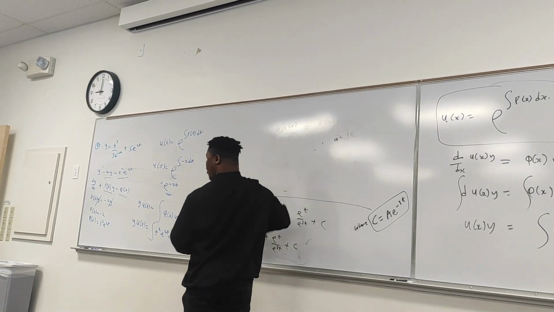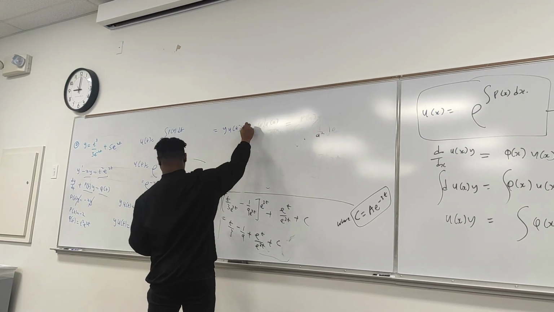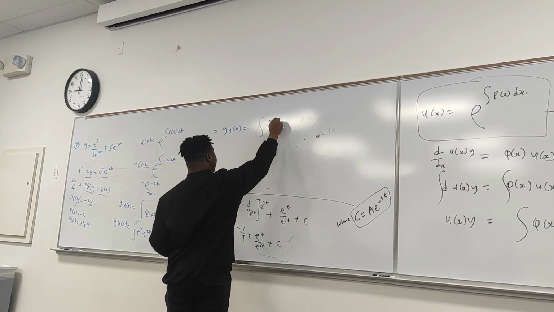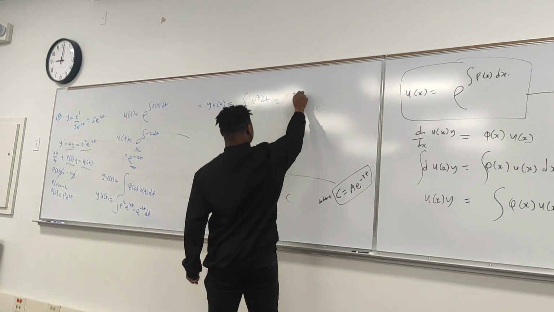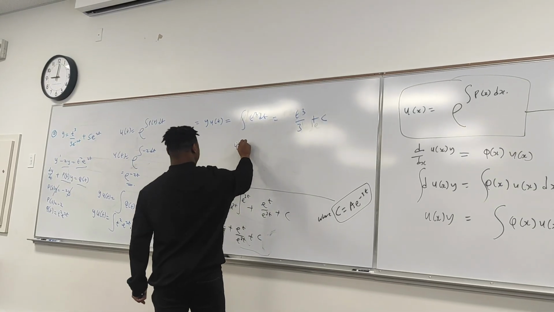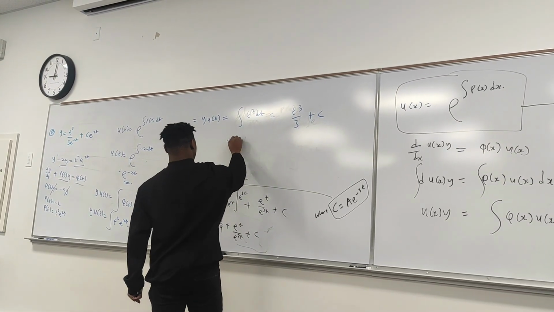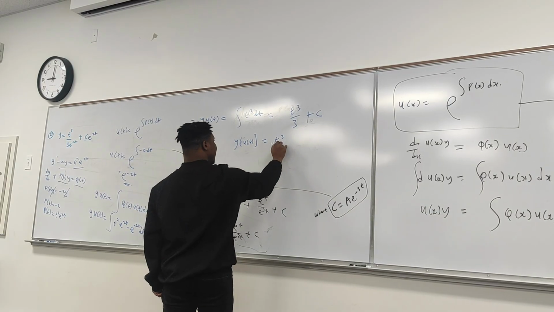So y u of t is the same thing as integral t squared dt. This one is straight integration. That will be t cubed over 3 plus c. So y u of t is t cubed over 3 plus c.